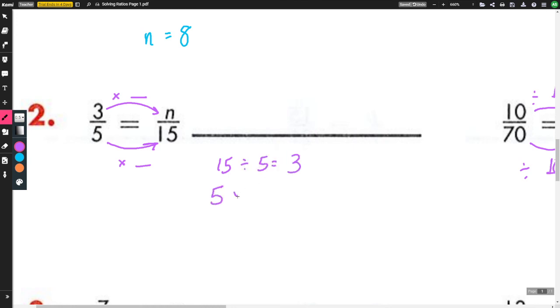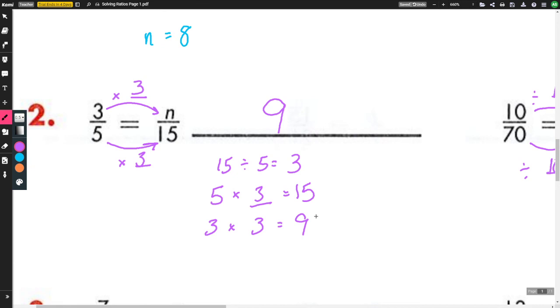But we could have also done 5 times blank equals 15. That's 3 as well. Okay, 3 times 3 is 9. And that's all there is to it.